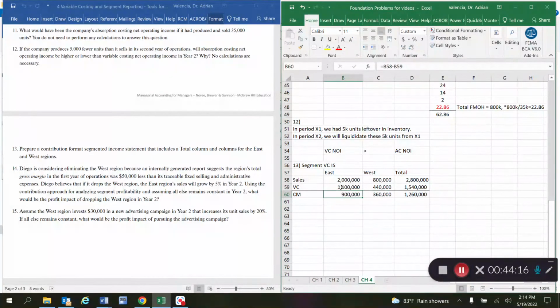And we get a contribution margin in the east of 900,000 and in the west of 360,000. Okay, so this is now where we have to be careful.